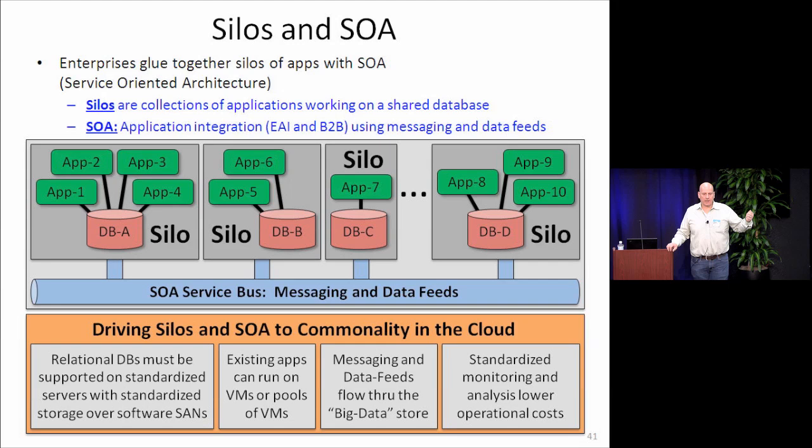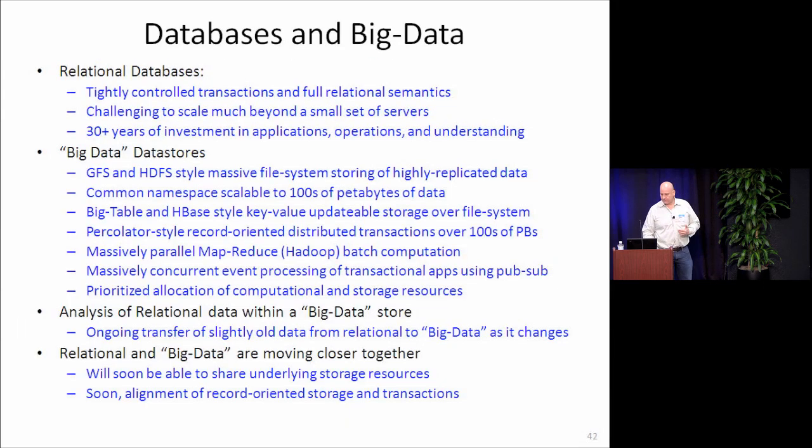But I got to be able to run my existing apps while I move forward. I have messaging and data feed that flows through the big store and potentially across the silos. And then I need to have a standardized monitoring and analysis so I can look and see what things cost and figure out how to change things. So what do I mean by databases and big data, right?